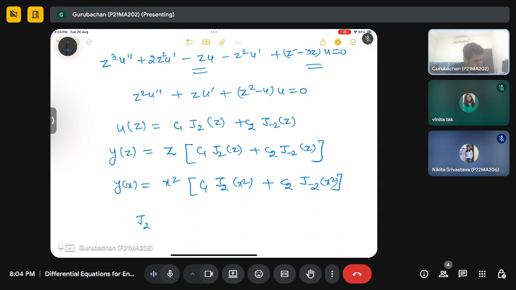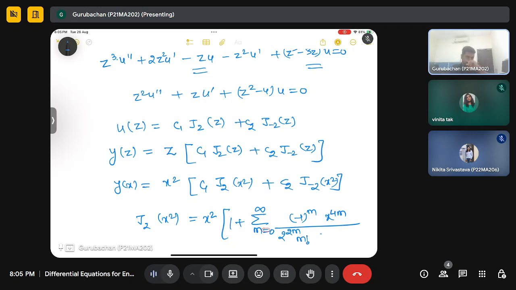And this J2 of x square from the above expression you can explicitly write as x to the power alpha, that is x to the power 2, times 1 plus series from m equals 0 to infinity, minus 1 to the power m, x to the power 2m, so here x square, so x to the power 4m, divided by 2 to the power 2m, and the other expression is m factorial.